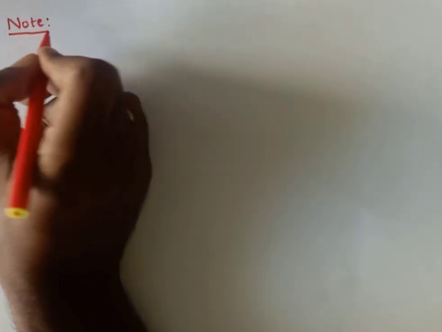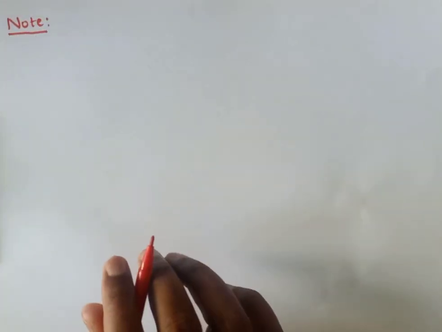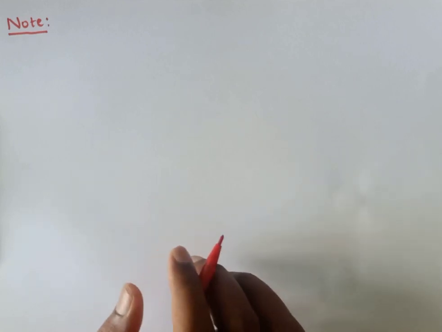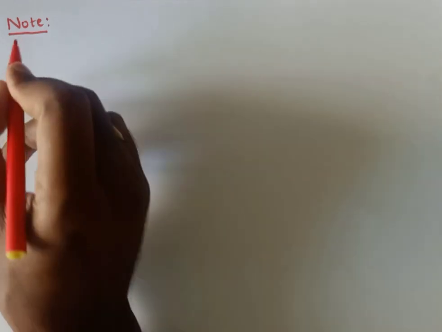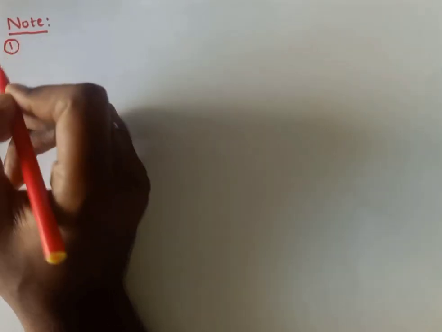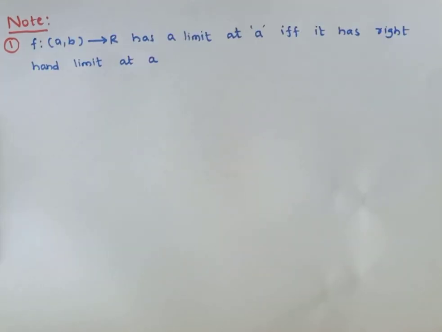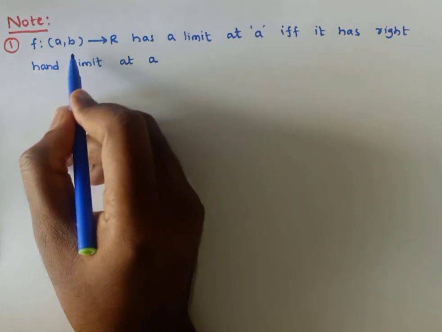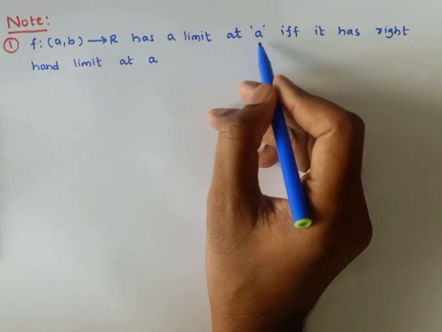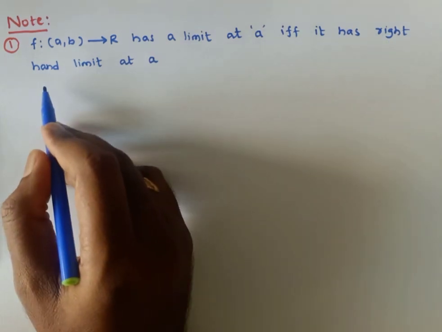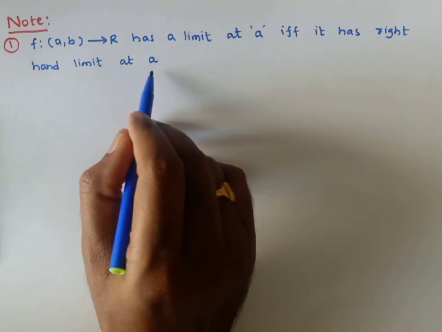So here we will write one note. The note is regarding the limits at end points and interior points of the given interval. Number 1: a function f from the open interval a comma b to R has a limit at a if and only if it has a right hand limit at this point.